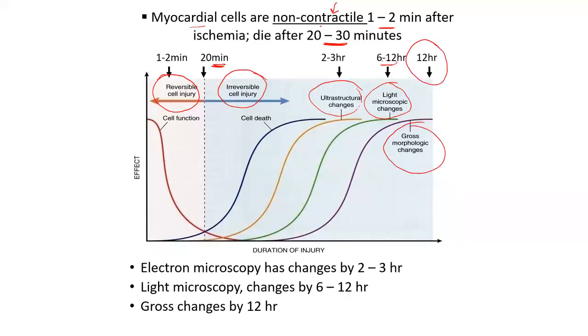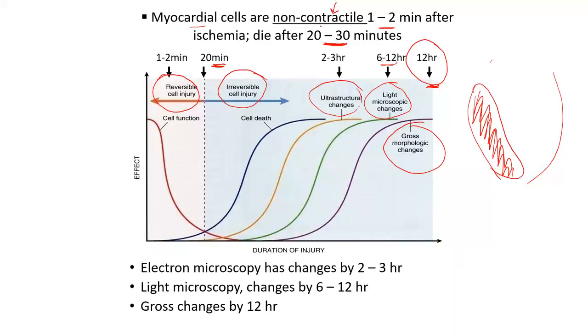So I'm not going to see part of the wall of the heart dead by my naked eye, except after 12 hours of ischemia. This means that these morphological changes take some time to appear, while the function is already lost from the first 2 minutes.